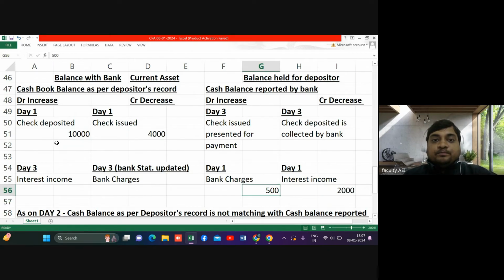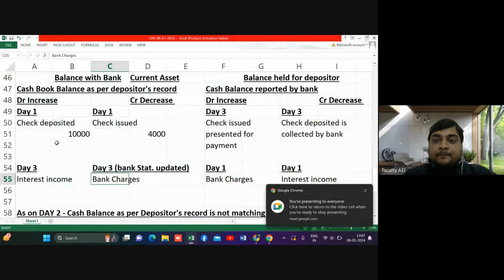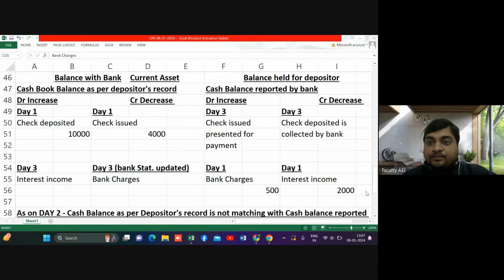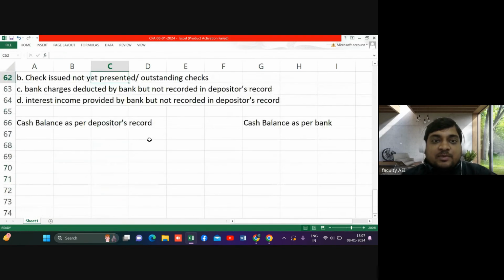Okay. So now, as on day two, you can see that cash balance as per depositor record is 6,000, right?